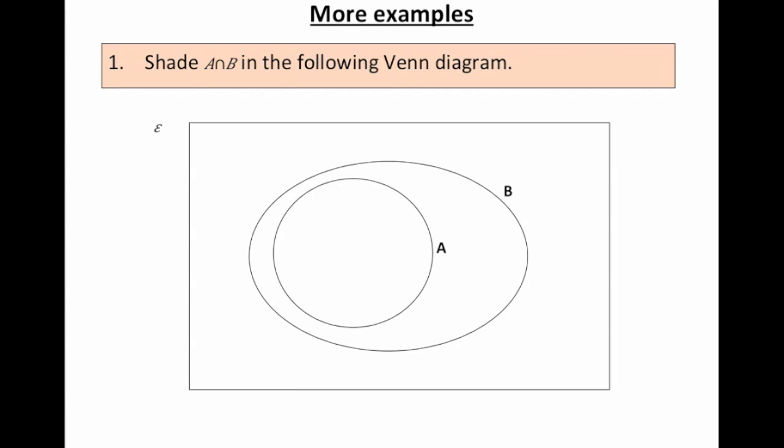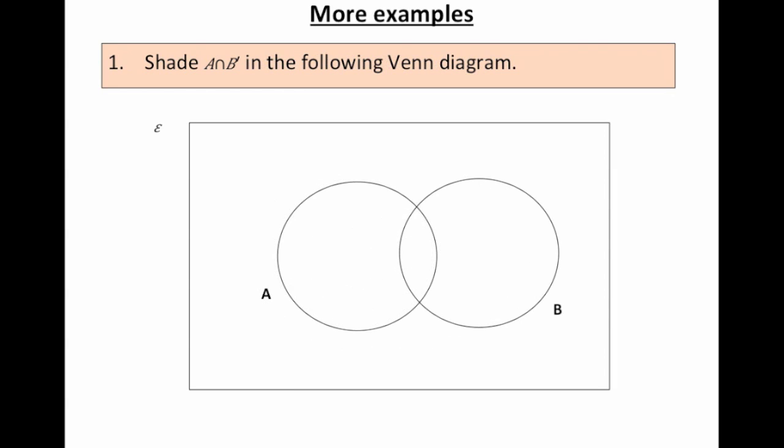In this case, the region where both sets overlap is the circle representing set A. So in this case, we will shade set A. Now, let us take a look at how we can shade A intersect B prime in the following Venn diagram.